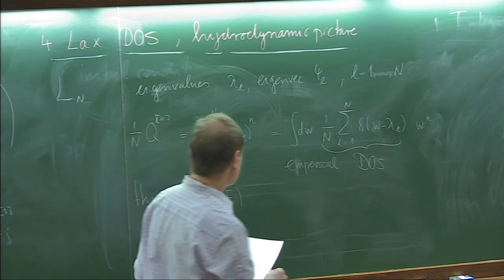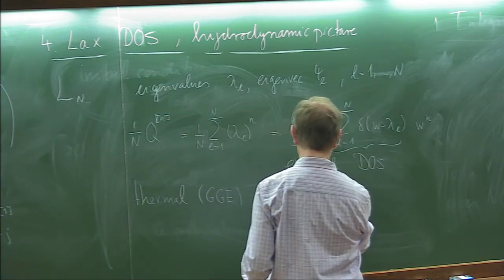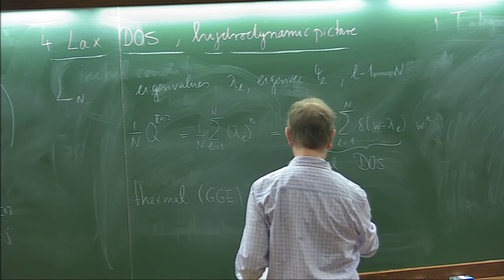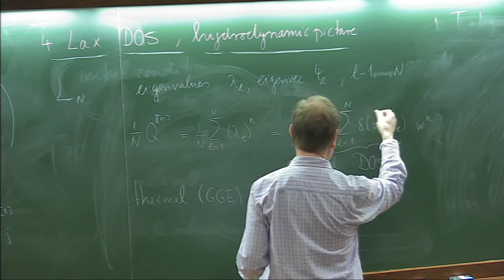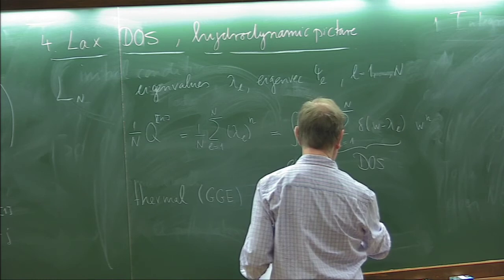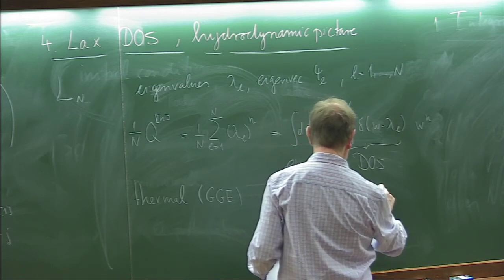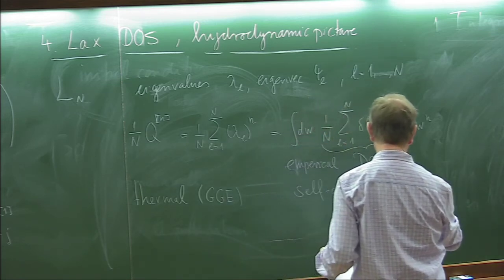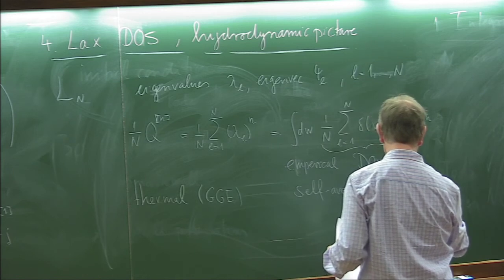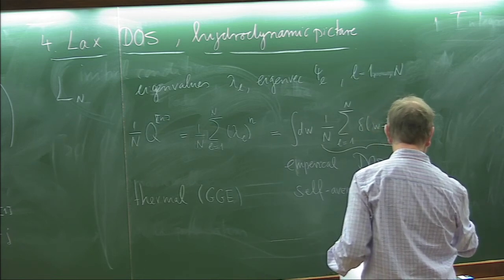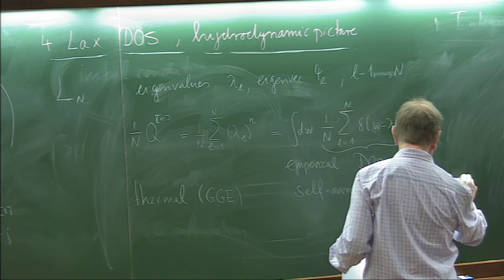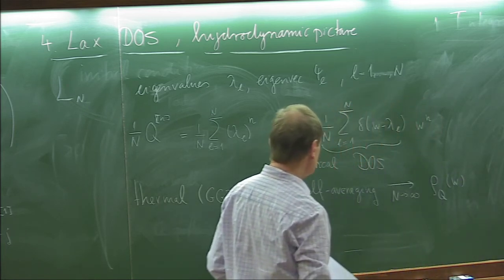This thing will be self-averaging, meaning that the fluctuations go to zero, and in fact it will converge, as N goes to infinity, to some smooth density rho_q of w.